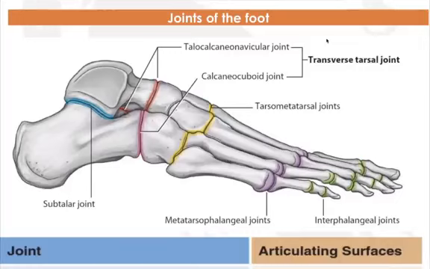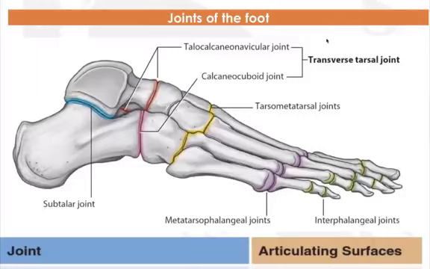This is a synovial joint, but the talonavicular part, which is this one, is a ball and socket type of joint. What are the movements? There will be gliding and rotatory movement.